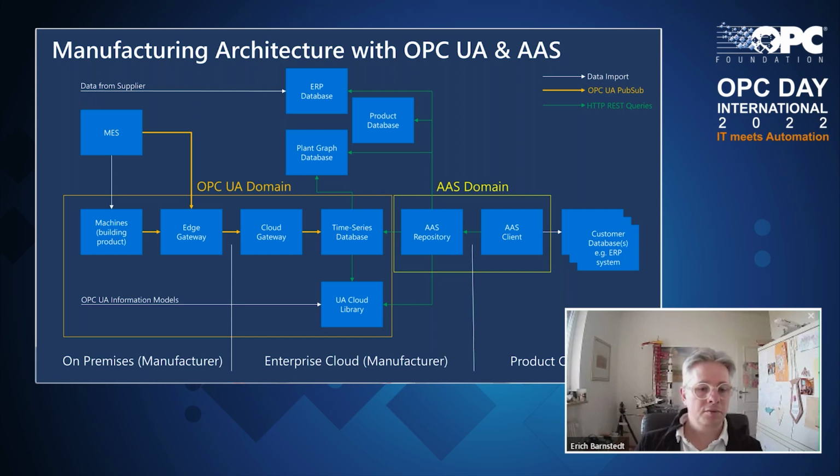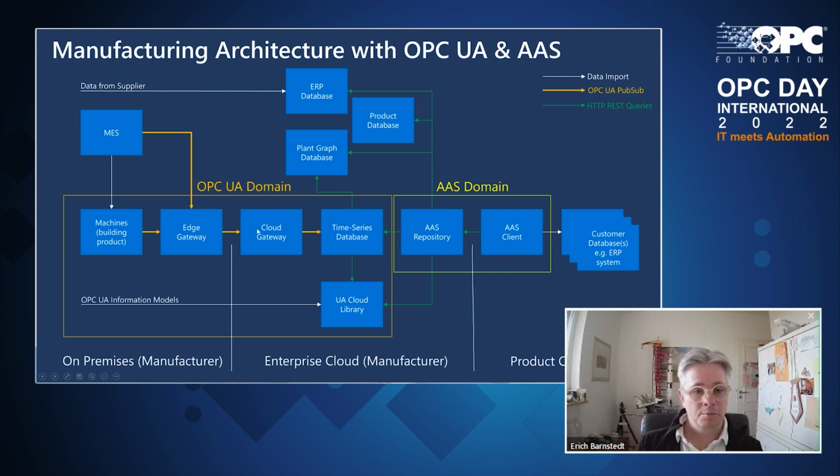So if you are using machines on the shop floor that actually have an OPC UA interface, which hopefully they will, you can upload its OPC UA information model into the cloud library and then access it for looking up the metadata of the time series data that you're sending from the shop floor to the cloud into your time series database, which is here, directly from the cloud library. How that is done, on Azure, I can tell you in the next presentation.